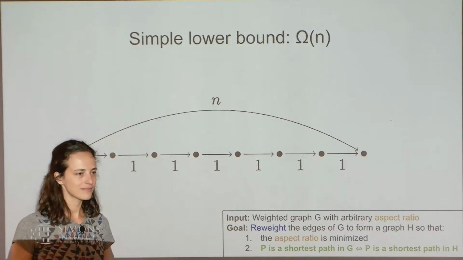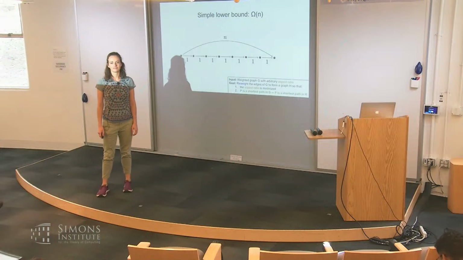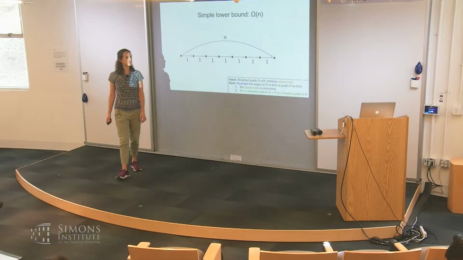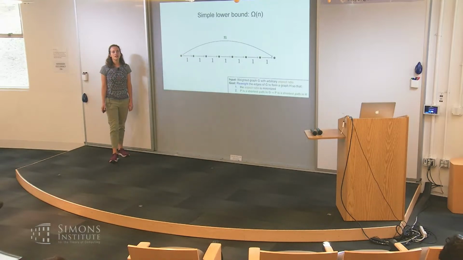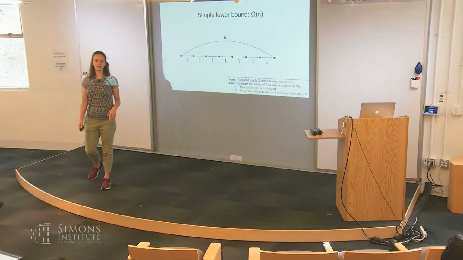Just so that I understand, if all you're aiming for is the poly-n bounded aspect ratio, can you just assume your graph has all the edges? Because the missing edges, you could assume they just exist, but they have super, super large weight.